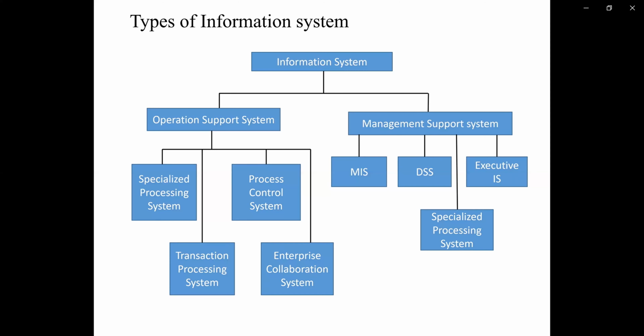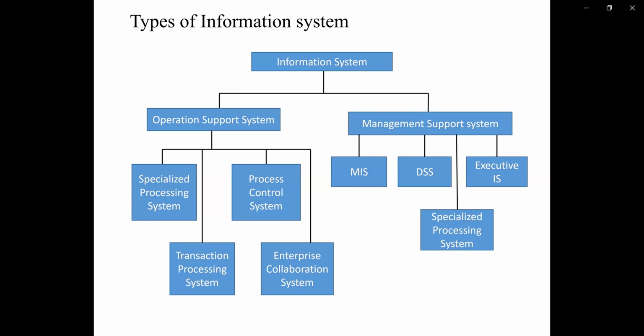The role of operational support system is to process business transactions, control individual processes, support enterprise communication and collaboration, and update the corporate database efficiently. That is the work of operational support system.